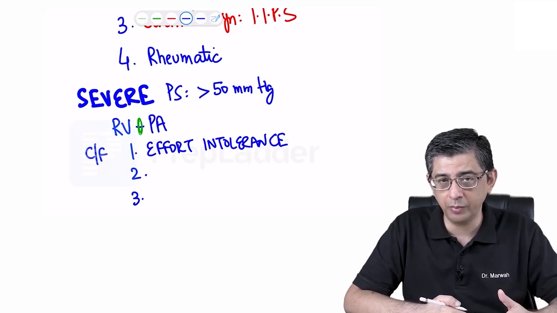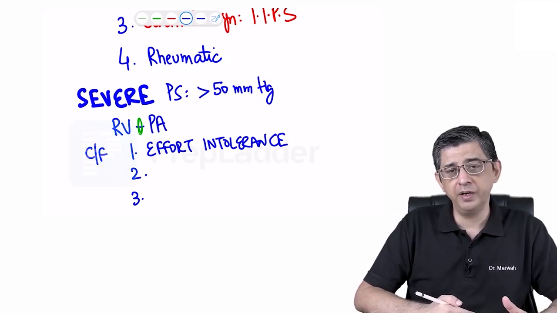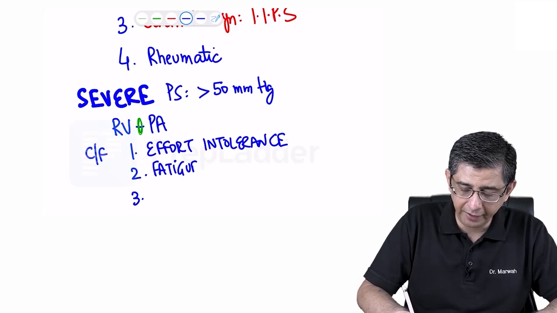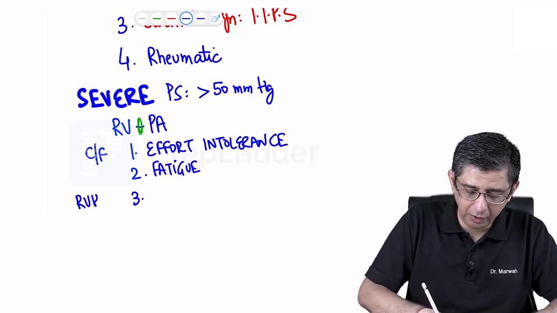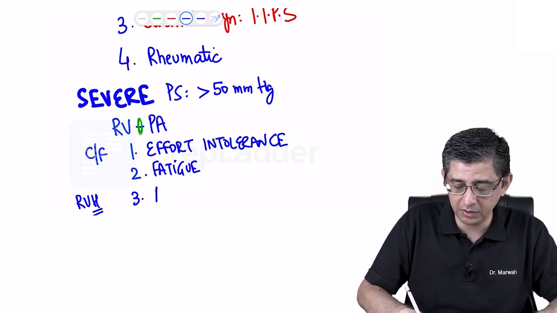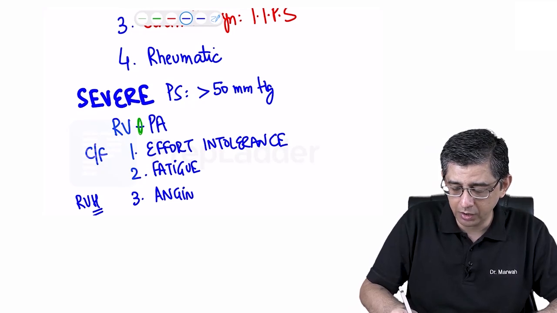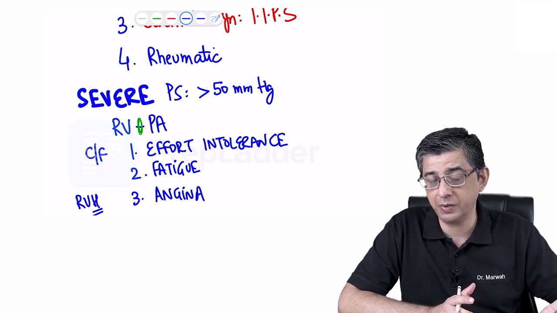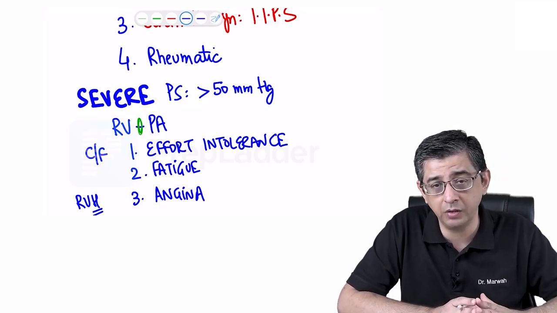If the right has a problem, the left will also be affected. After effort intolerance, fatigue will be the predominant complaint. Because there is right ventricular hypertrophy, there will be a mismatch between demand and supply. So either the question will use the word subendocardial ischemia, or the traditional chest pain, though a child may not be able to explain chest pain, and every time it occurs, he might even become unconscious.